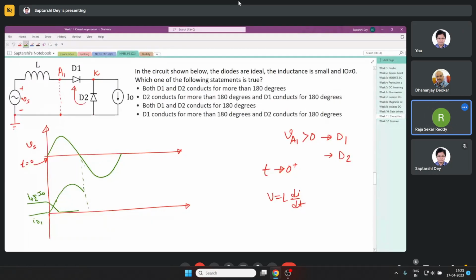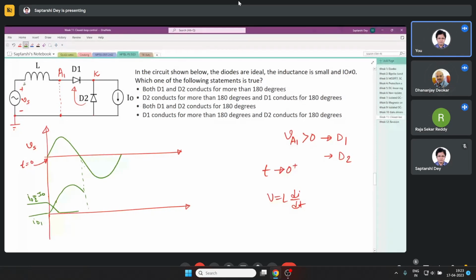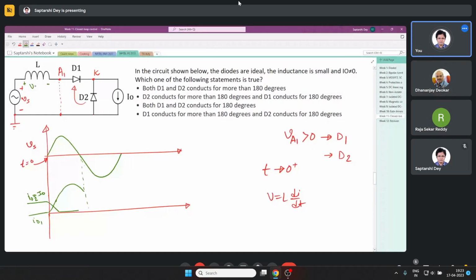Sir, when the voltage source is of the polarity that you have written, then D1 will conduct, D2 will be reverse biased. When the polarity of the source reverses, then D2 will be conducting and D1 will be reverse biased. See, the thing is, there is an inductor also here. So there is a VL, which is L di dt.